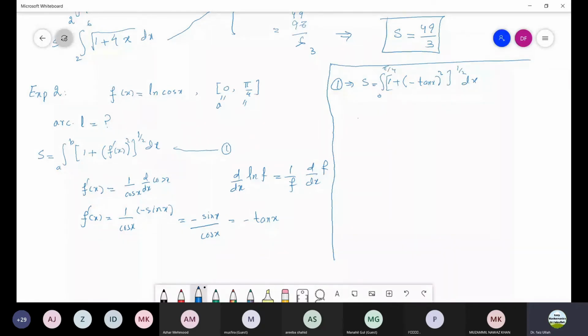And from this we have S is equal to integration from 0 to pi by 4, square root of 1 plus tangent square x into dx.